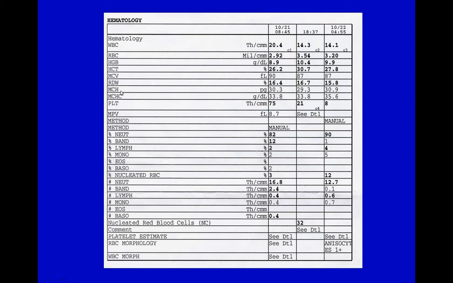Mean cell hemoglobin, so the average amount of hemoglobin on a red blood cell, and mean cell hemoglobin concentration, which is how much this one is carrying in relationship to the overall hemoglobin concentration of all the other red blood cells. So they kind of look similar, and if you look, the results are kind of similar too.